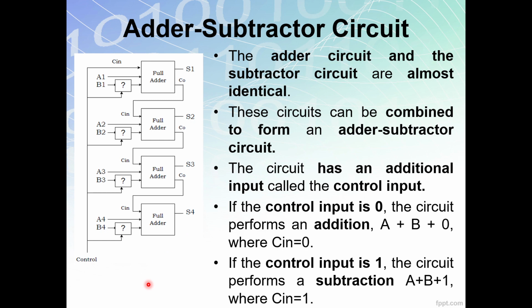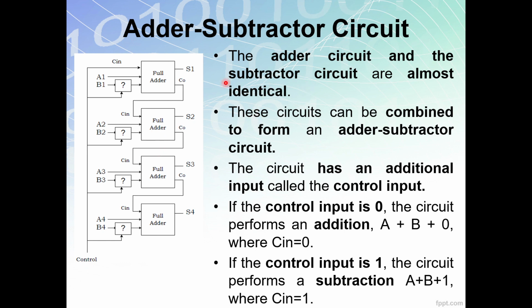Okay, all right. So now we go to the Adder-Subtractor circuit. The Adder-Subtractor circuit is not a new circuit, but it's a combination of the Adder circuit and the subtractor circuit. The adder circuit and subtractor circuit are almost identical because they use the same full adder.